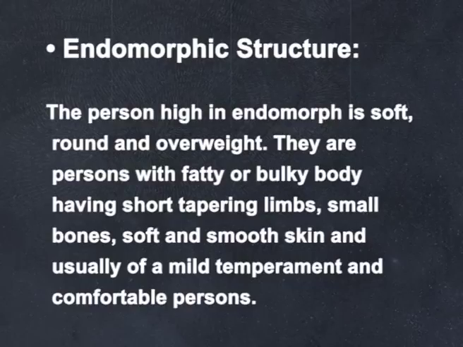The variation in the body build may lead to the following three types of physical structure. Endomorphic structure: the person high in endomorph is soft, round and overweight. They are persons with a fatty or bulky body having short tapering limbs, small bones, soft and smooth skin, and usually of a mild temperament and comfortable person.